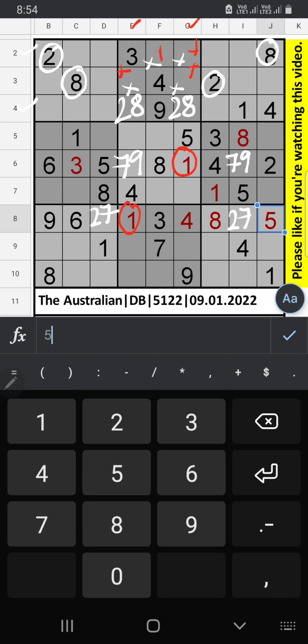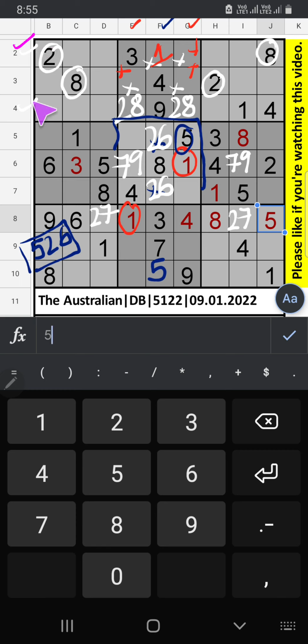Then 1 is confirmed here. Column F, 3 numbers are remaining: 2, 5 and 6. In this grid we have 5. So 5 can't come in the cells. Then 5 is confirmed here. Then 2 and 6 are the only ones remaining. It will come in a union of the cells. We will confirm later.